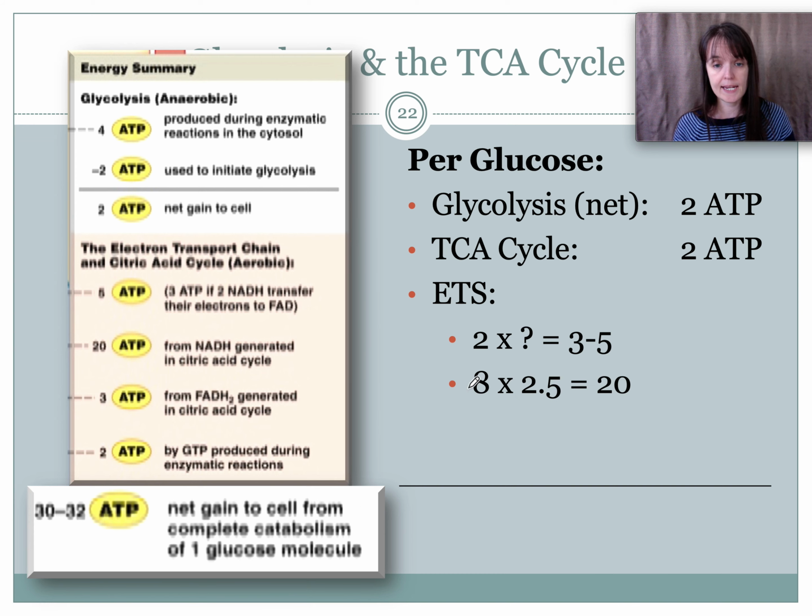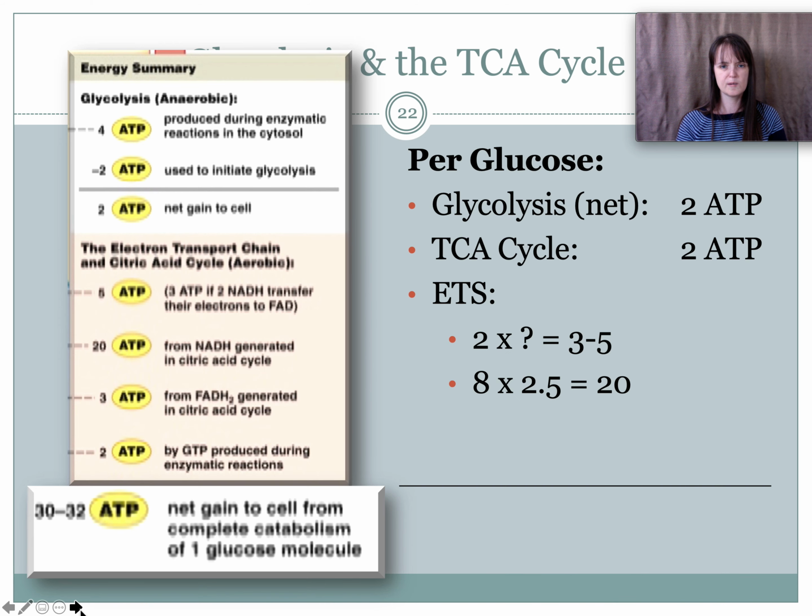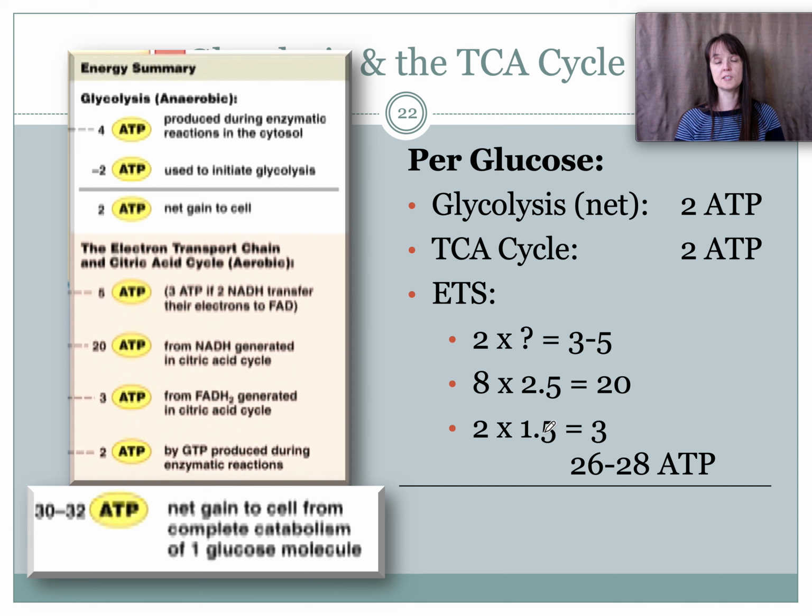And then the 8 NADH times 2.5, because we said the NADH from glycolysis makes 2.5 ATP. So 8 times 2.5, 20. And then 2 times 1.5 is 3, so this is 2 FADH2 from the citric acid cycle times 1.5 ATP per FADH2 from that previous chart. 2 times 1.5 is 3.